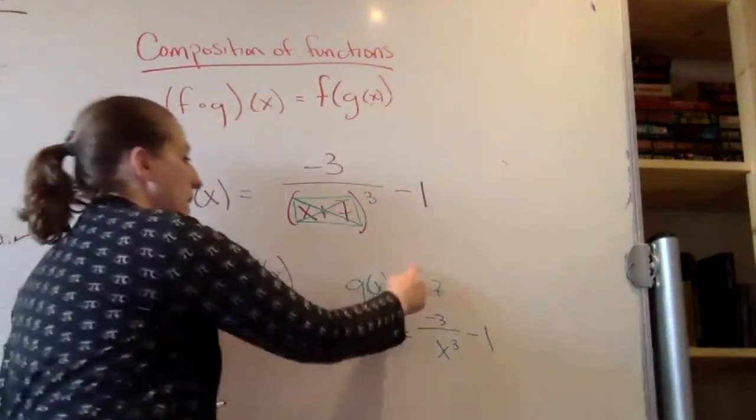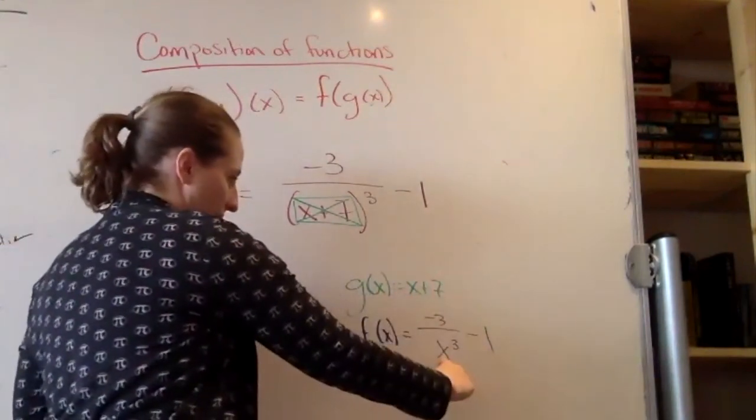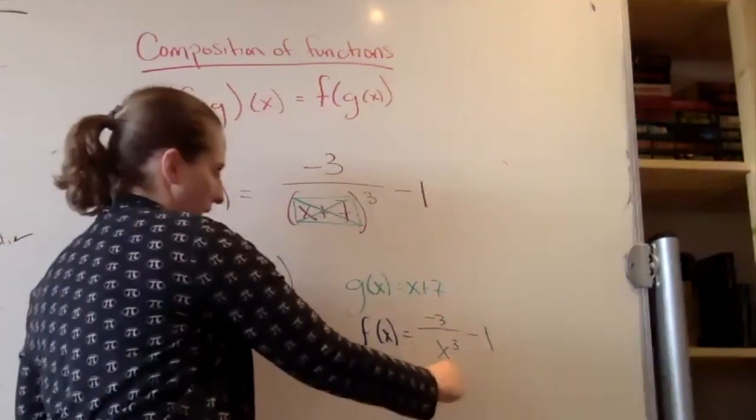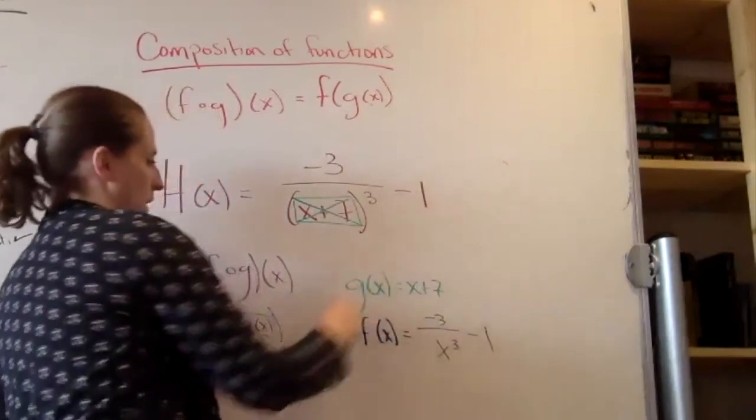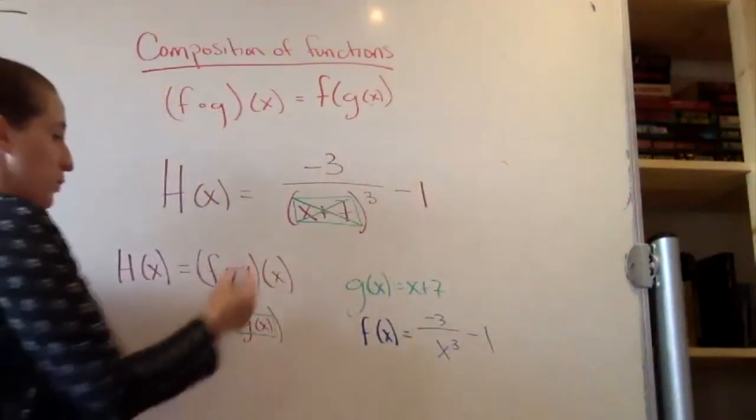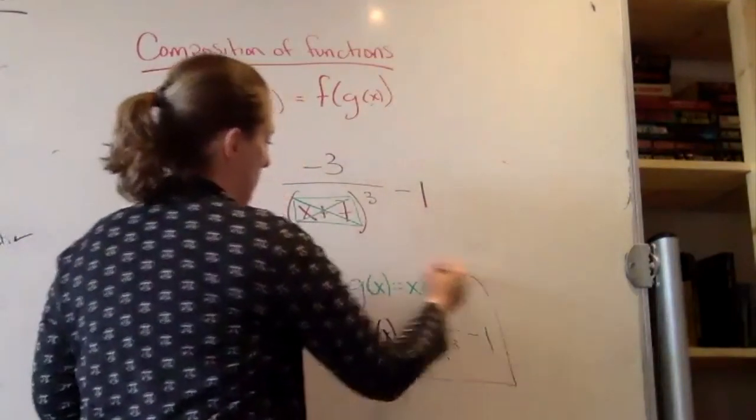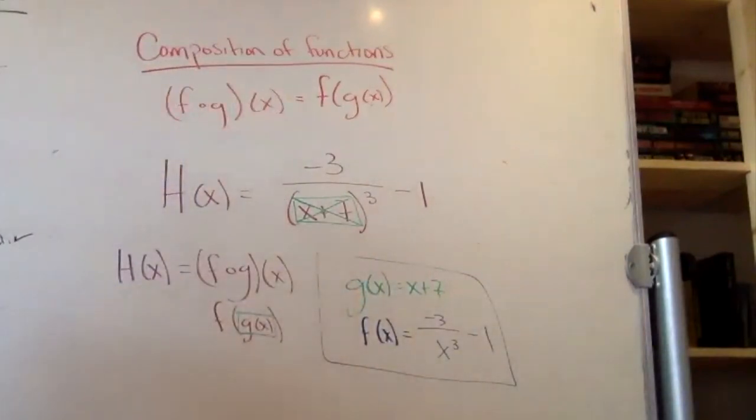Notice that if I plug x plus 7 in for x, I'd be back to -3 over x plus 7 cubed, minus 1, right back where we started. So here's one way that you can decompose h into two functions. It's not the only way, but it is one way. So composition and decomposition, thinking of nesting functions. Composition is a nesting activity.